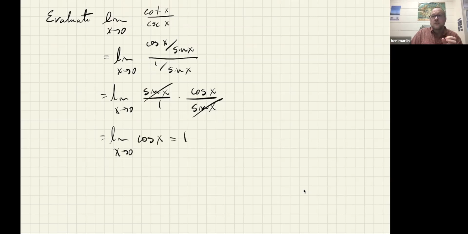Now, you might have looked at the first step there and said, aha, we have infinity divided by infinity. When you divide something by itself, you get 1. Please don't fall into that trap, because if I'd instead had cotangent of 2x or cotangent squared of x, it would have changed the problem significantly.